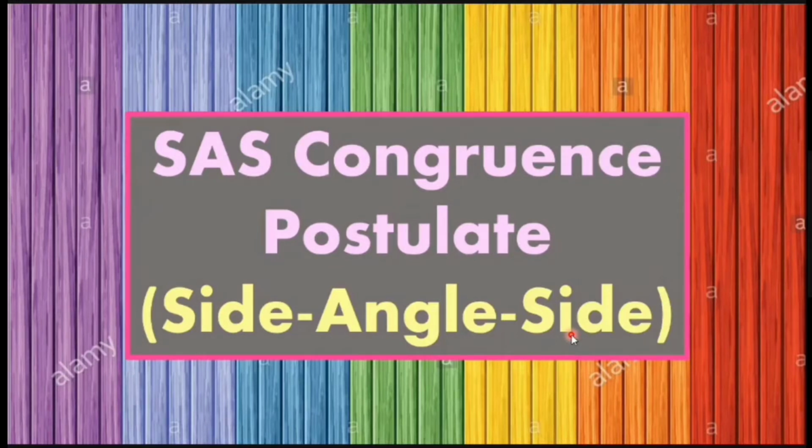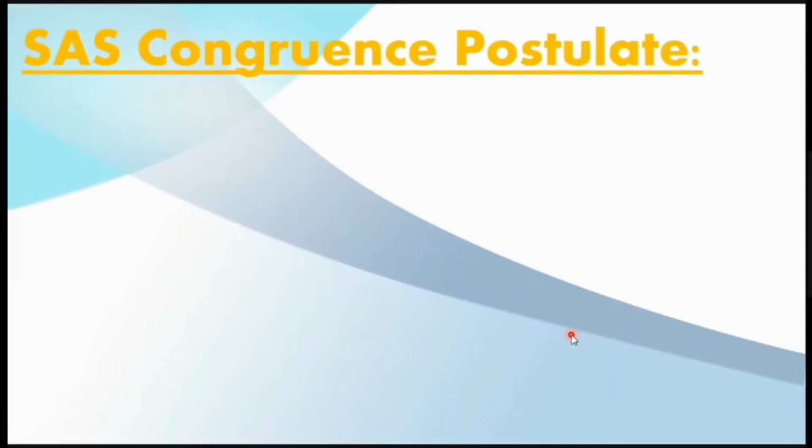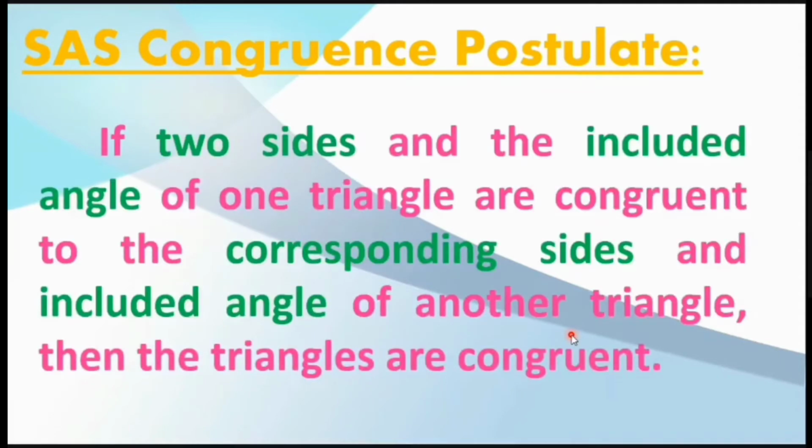To understand this better, let us read this one. SAS Congruence Postulate: If two sides and the included angle of one triangle are congruent to the corresponding sides and included angle of another triangle, then the triangles are congruent.